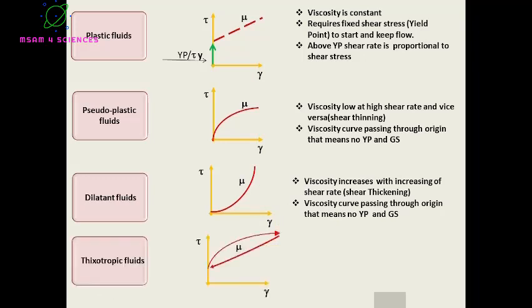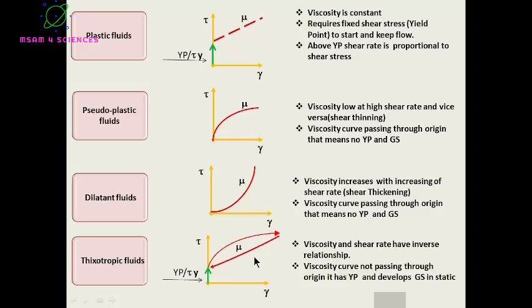The last type of fluid, thixotropic fluids. We can see here there is a yield point. We can see here if the shear stress is stopped, then this fluid will tend to develop gel strength, returning to the value of gelation.